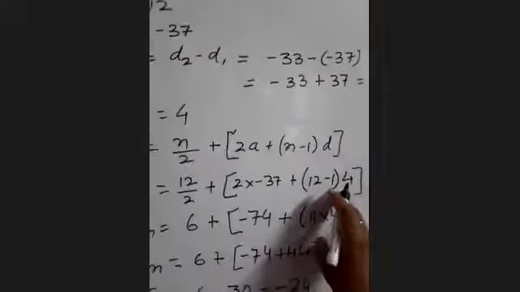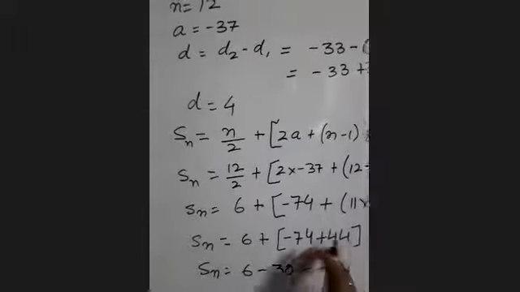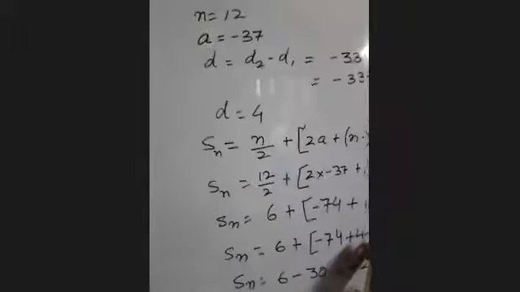That is 12 minus 1, 11 into 4, 44. That is 30.